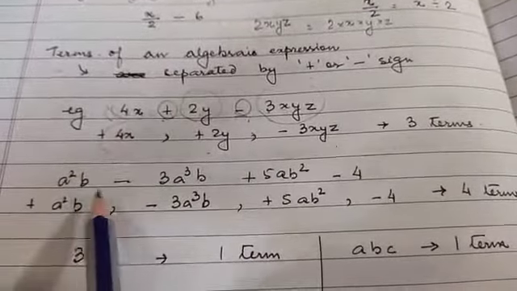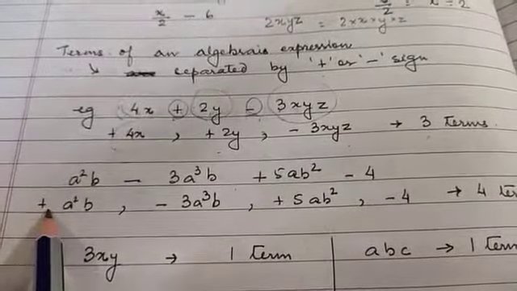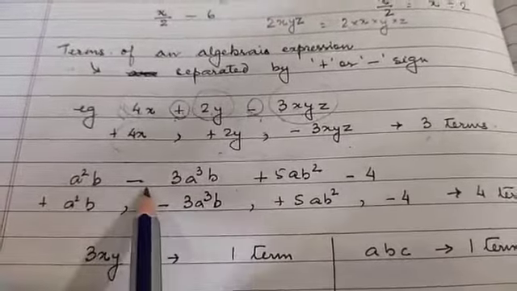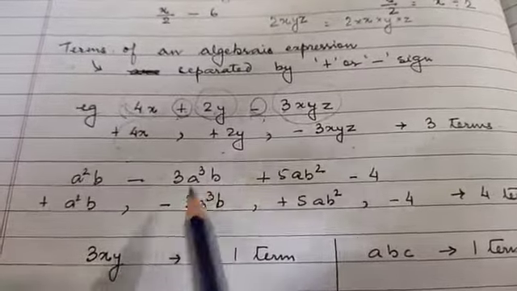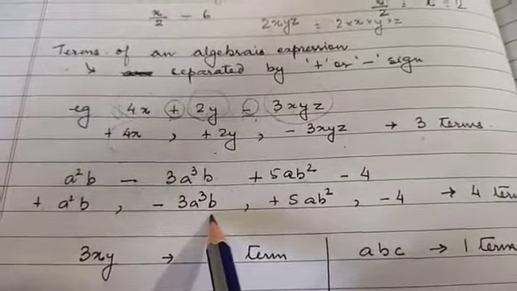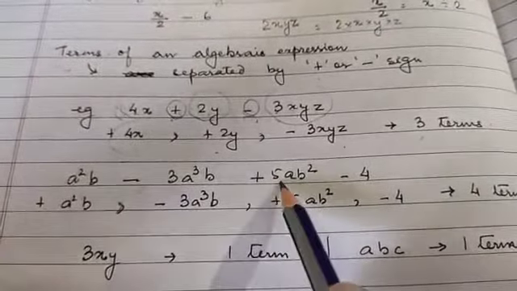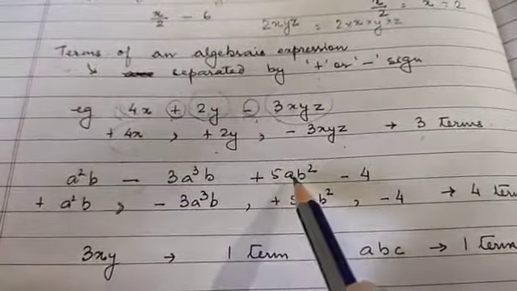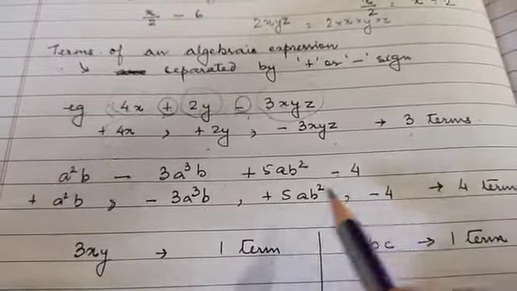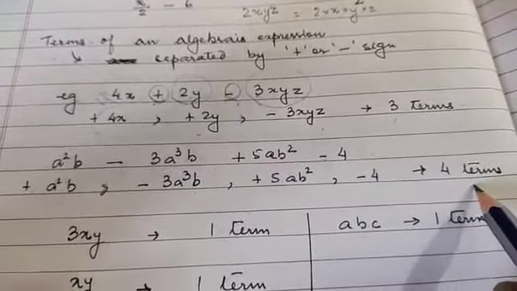We have a square b. What sign is having a square b? A square b has plus sign. Minus 3a cube b. So minus 3a cube b is the second term. See, I separated them by a comma. Plus 5ab square is the third term and minus 4 is the fourth term. Then how many terms is this expression having? It is having 4 terms.